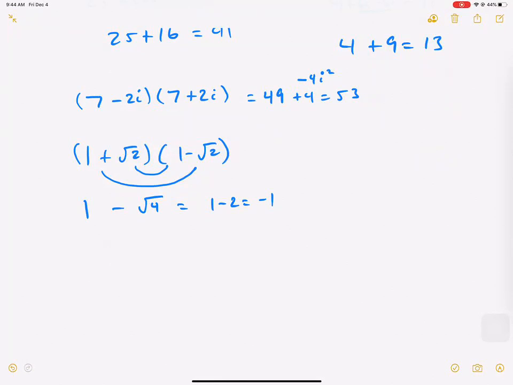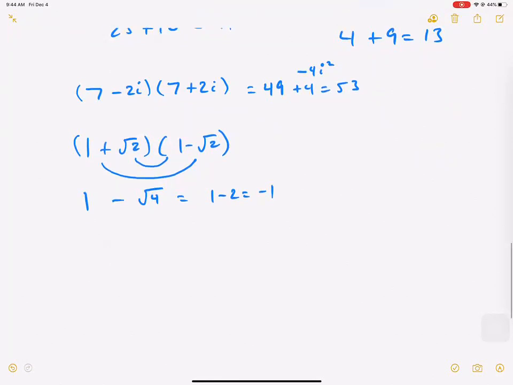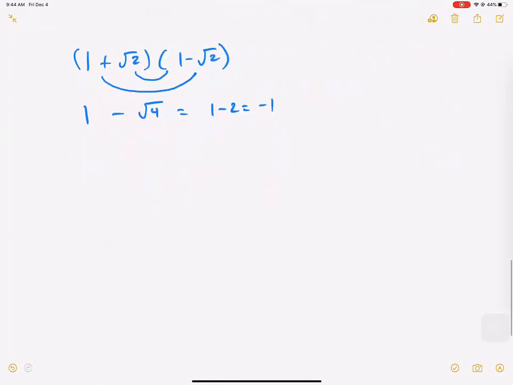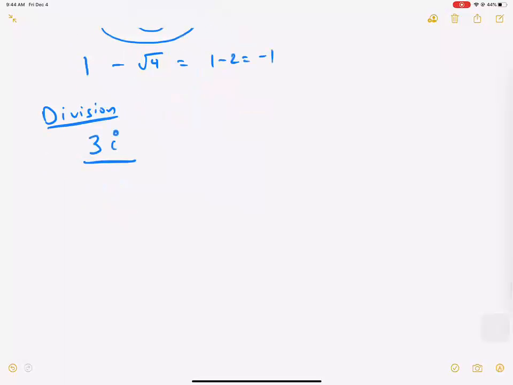Okay, so what we're going to talk about today, our next skill, is what if I'm dividing imaginary numbers. We talked about multiplying, that seems pretty easy. Now dividing imaginary numbers. So if I say something like 3i divided by 2i, treat this like x, just like a regular x.